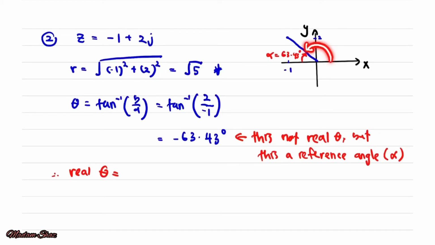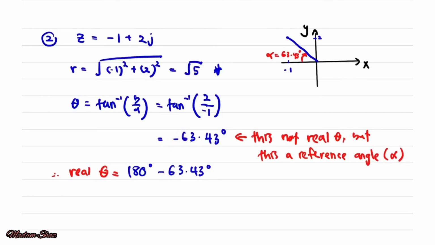So how to get the real theta from the positive x-axis until the complex number? Therefore, the real theta is equal to 180 degrees minus 63.43 degrees. The minus here does not depend on the negative sign.